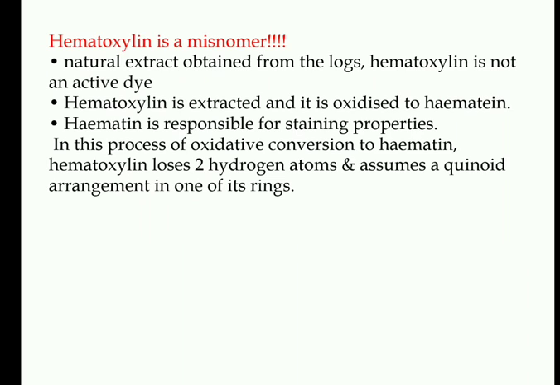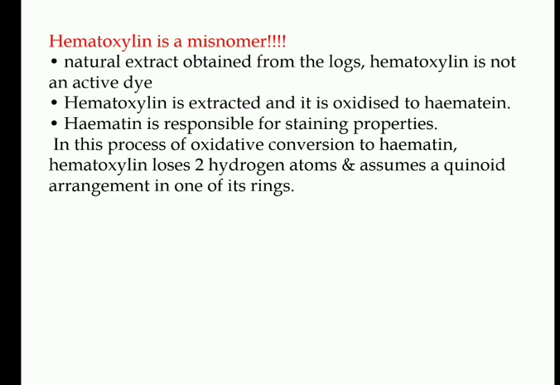Hematoxylin is a misnomer. This is naturally extracted from the logs. Hematoxylin is not an active dye. Hematoxylin is extracted and later oxidized to hematin. Hematin is responsible for staining properties.